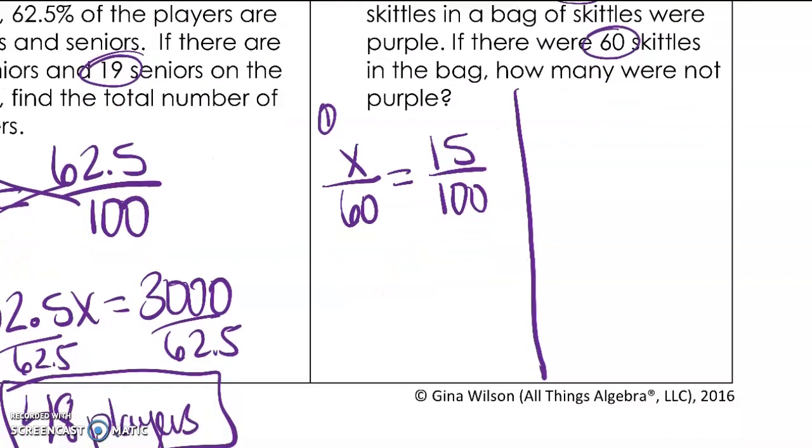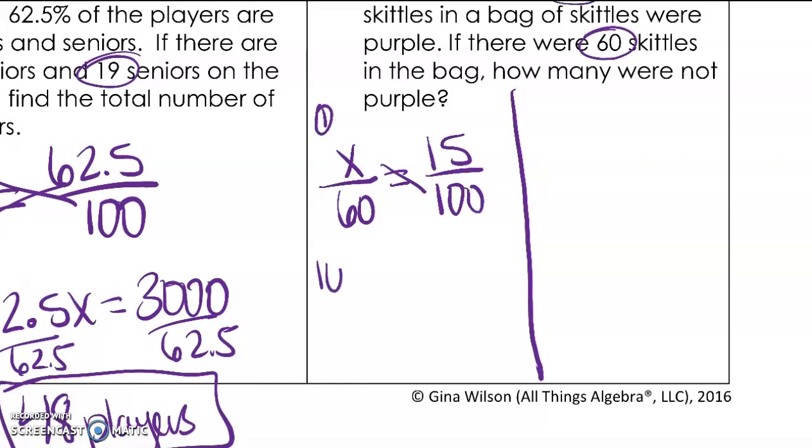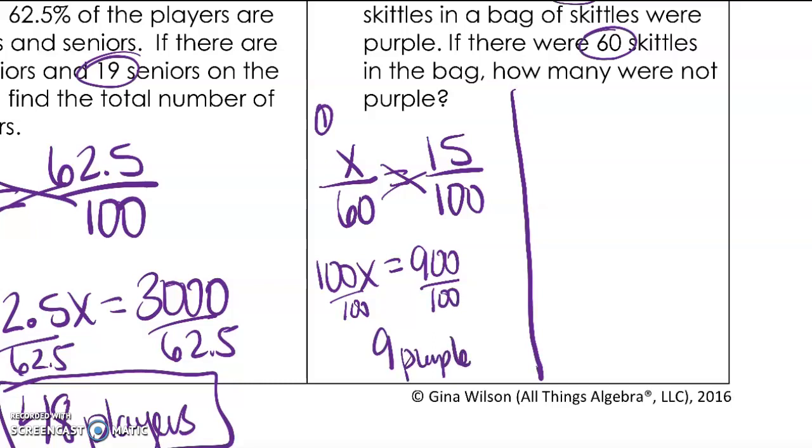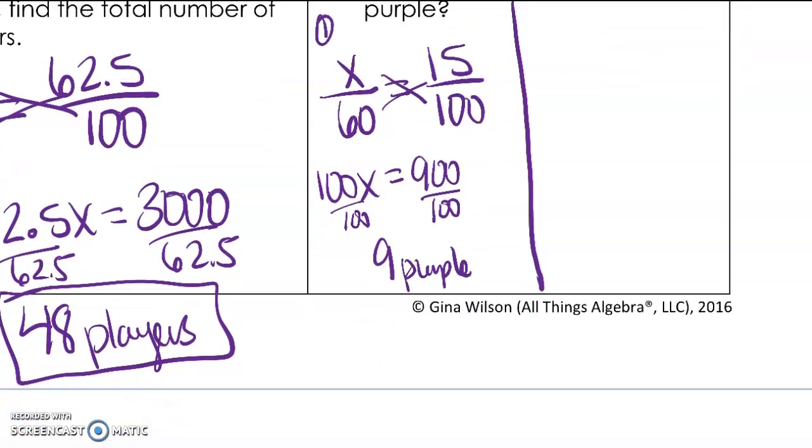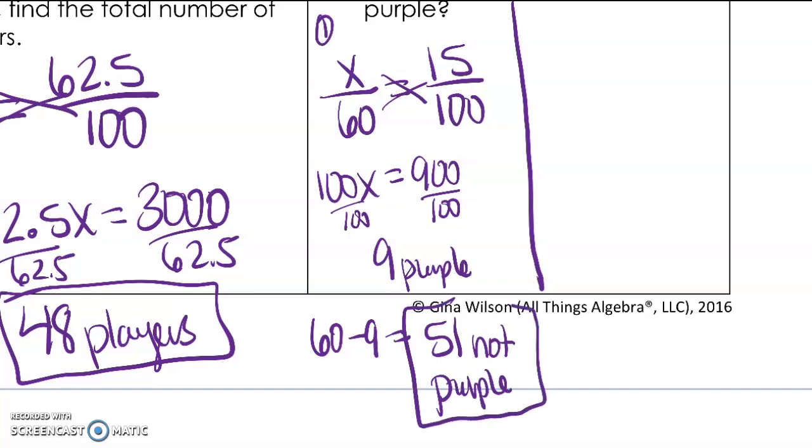So 15% were purple. So 100x is equal to 900. So we divide and we get 9. But that's 9 purple. That's not what it asked. They said how many were not purple. So then you need to do the extra step of taking 60 minus 9 to get 51 that were not purple. So that's one way to do it.